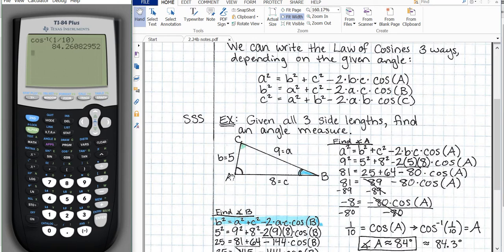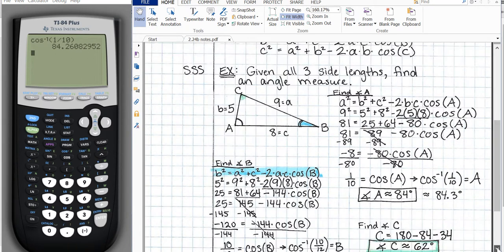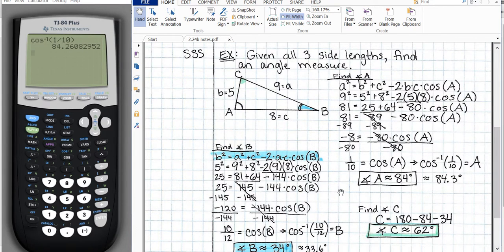Well, we can do the same kind of thing to find angle B. So if we're looking for angle B, then we got to start out with b squared equals all that stuff. Plug in the values that we know. Leave a b in there for that unknown angle. Simplify our equation again. So take a minute and look at those operations.